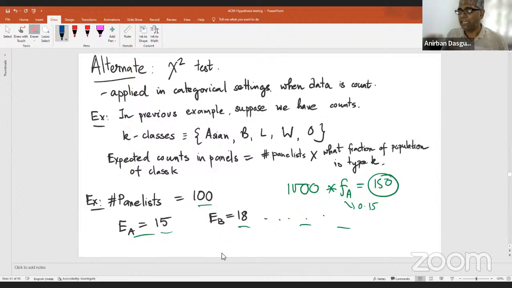If my number of panelists is 1,000, and 15% are Asians, then I know that the expected number of Asians in my panelists should be 150, because 1,000 times 0.15 is 150. For every panel, you take a panel size, and you calculate the expected number of panelists according to the null H0. And similarly, from the data, you actually calculate the number from every panel.